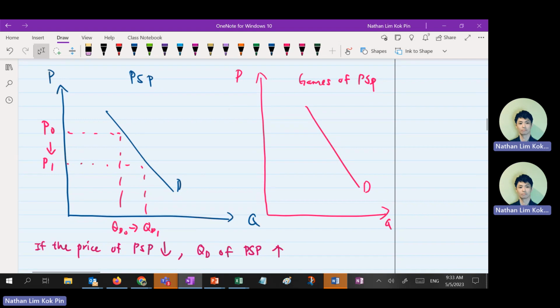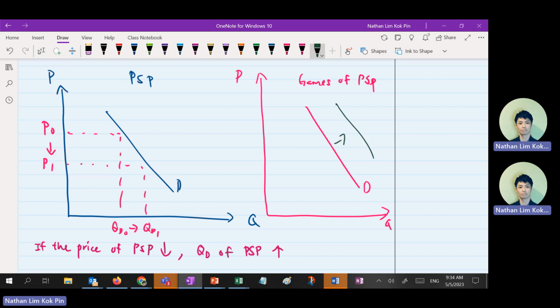When the price of PSP goes down, do I need to buy more games to play? I need to buy more games, right? If I only buy the PSP and don't buy the game, what's the point? So your demand must shift right.